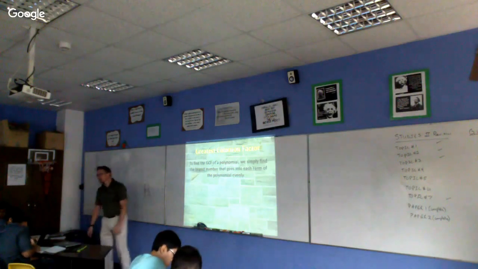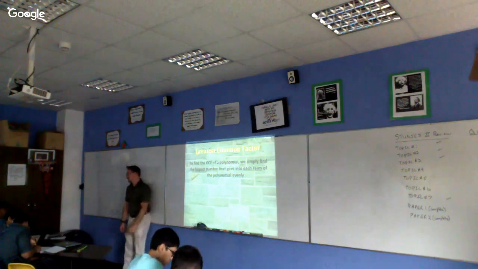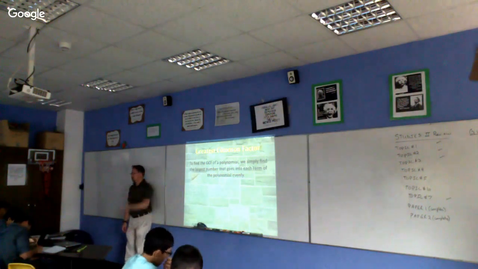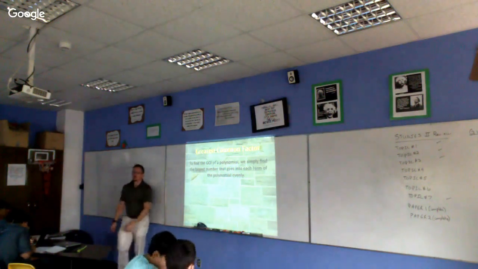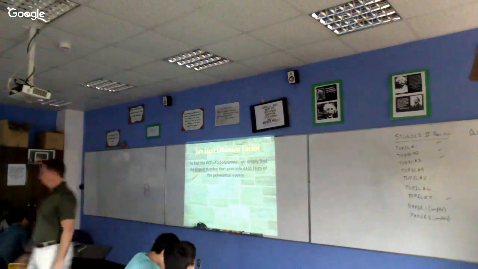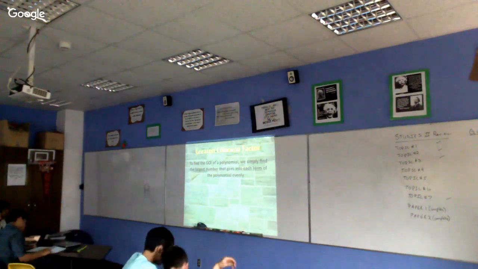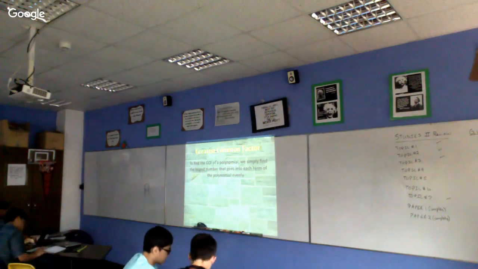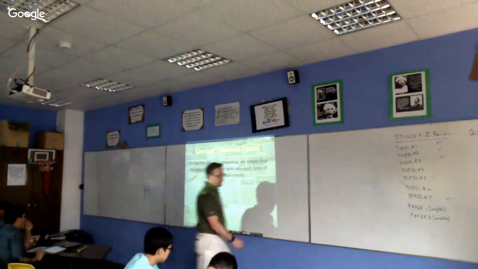X is not only a variable, it's also a polynomial. 5 is a polynomial. 5x is a polynomial. 5 plus x is a polynomial. 5x plus 3n squared is a polynomial. So a polynomial is the combination of terms through addition or subtraction.